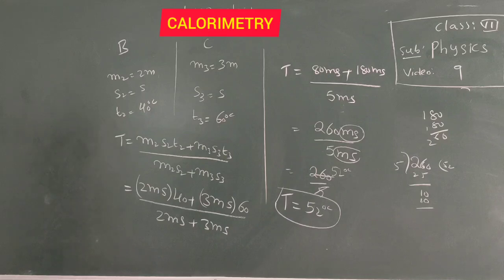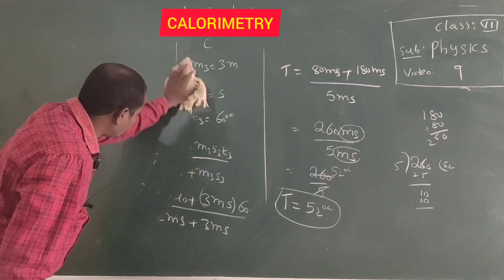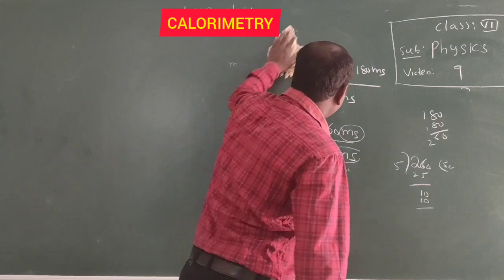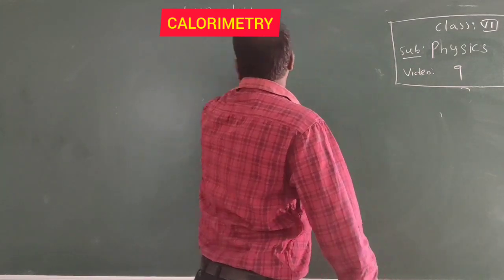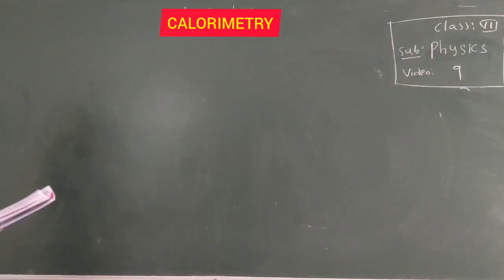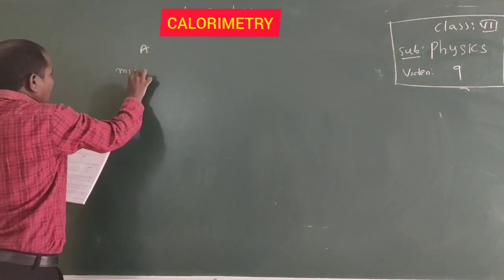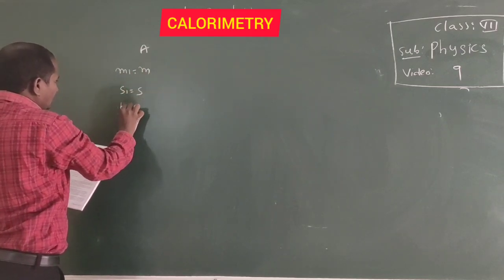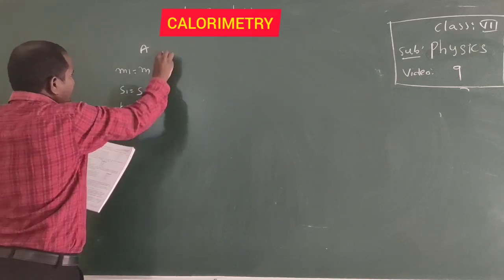Now here A, B, C are mixed. Here A liquid and B liquid and C liquid. S1 equal to S and T1 equal to 120 degrees Celsius.